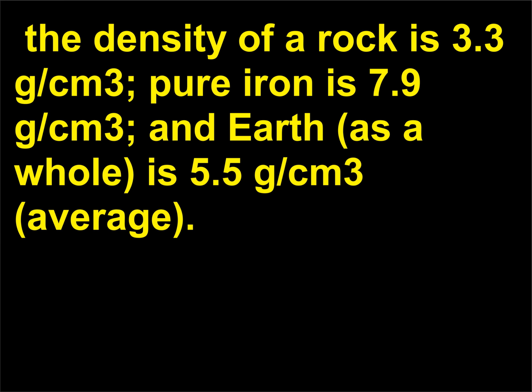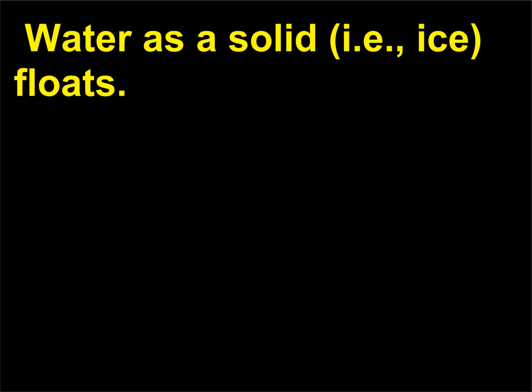The density of a rock is 3.3 g/cm3, pure iron is 7.9 g/cm3, and Earth, as a whole, is 5.5 g/cm3, average. Water as a solid, i.e., ice, floats.